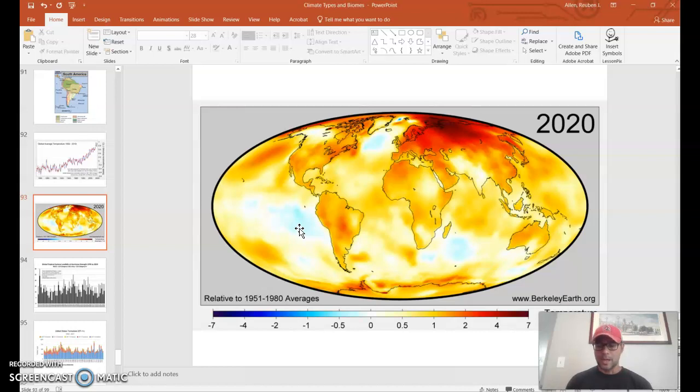Now, to determine to what level is the anthropogenic effect, meaning the man-made effect, it's difficult to do so. Are humans responsible for 20% of this warming, 80% of this warming? It's difficult to determine. Some scientists will have more moderate figures, others will have much higher figures.